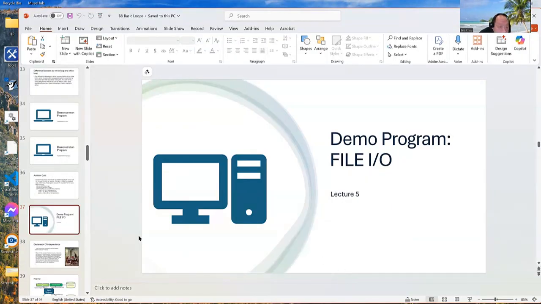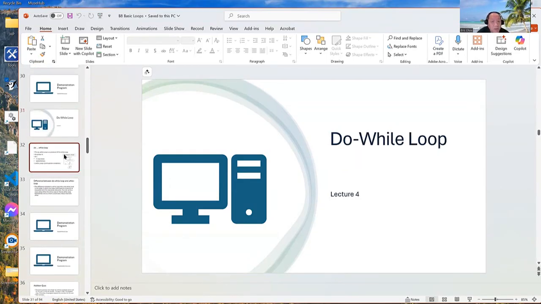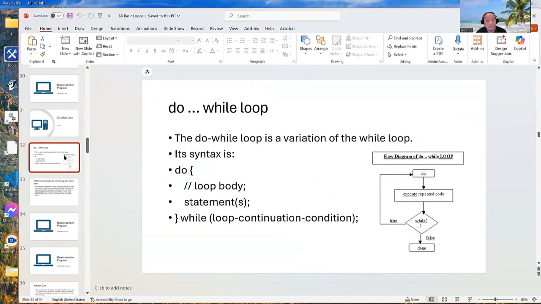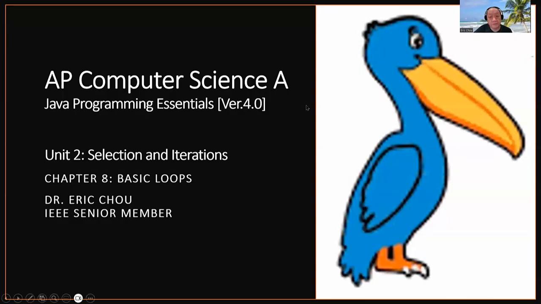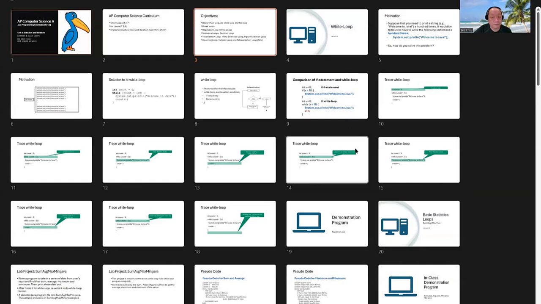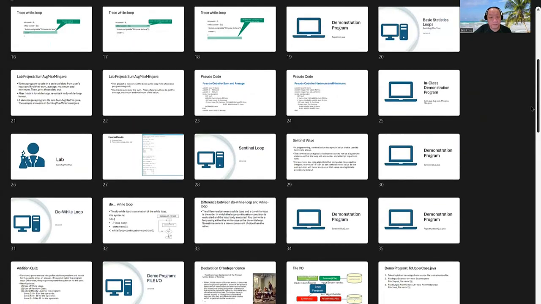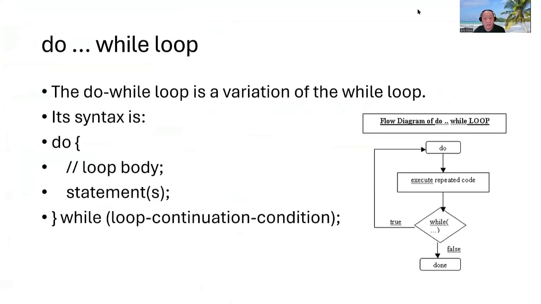Okay, so we finished the 2 basic loops. Next one, we are going to look into the third loop that's called do while loop. So do while loop is slightly different from a while loop and for loop. It is that you will do it at least once before you check the condition.